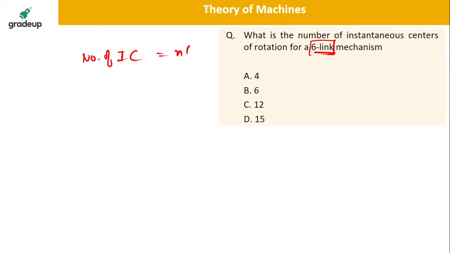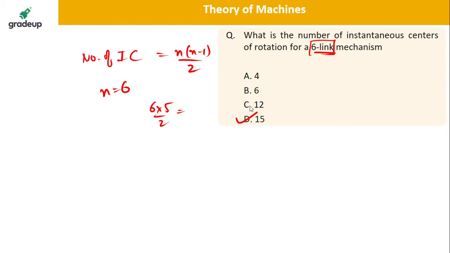That is equal to N into N minus 1 by 2, where N is equal to 6. Exactly. So this is 6 into 5 by 2, which is basically 15. Option D is the correct answer. Just stay connected because we are having some issues with the YouTube platform. So let's proceed.